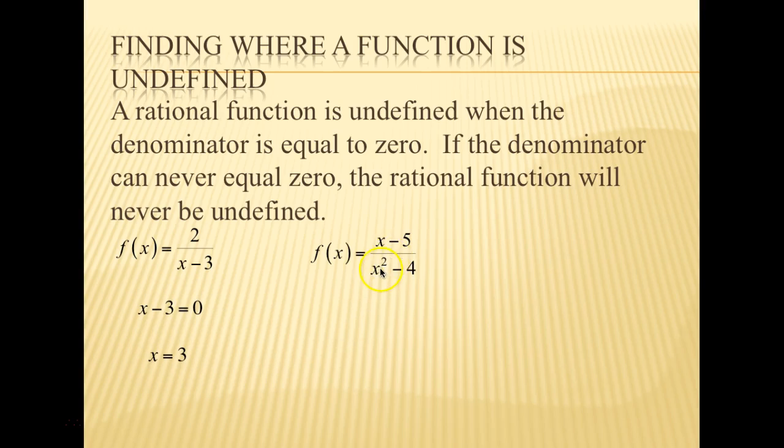For the next function, you set your denominator equal to 0. That's how you can tell where it's undefined. And then this is the difference of squares. So that should equal x plus 2 times x minus 2. Which means x can equal -2 or +2.